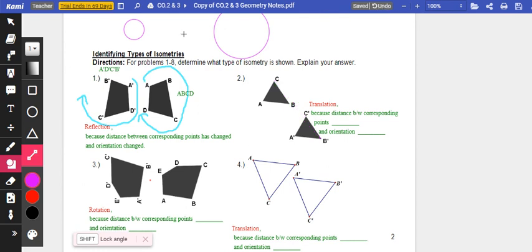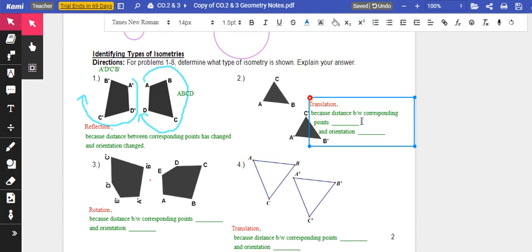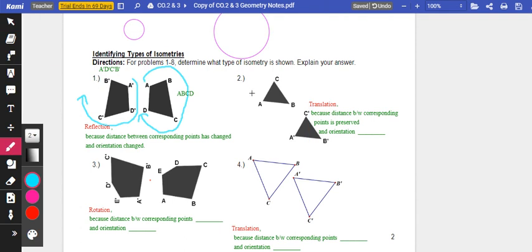So since the distance stayed the same, I can add that the distance between corresponding points is preserved. And then if I look at the orientation, starting at A again and heading around clockwise, I get ACB, and here I get, again, ACB. So the orientation is also preserved.